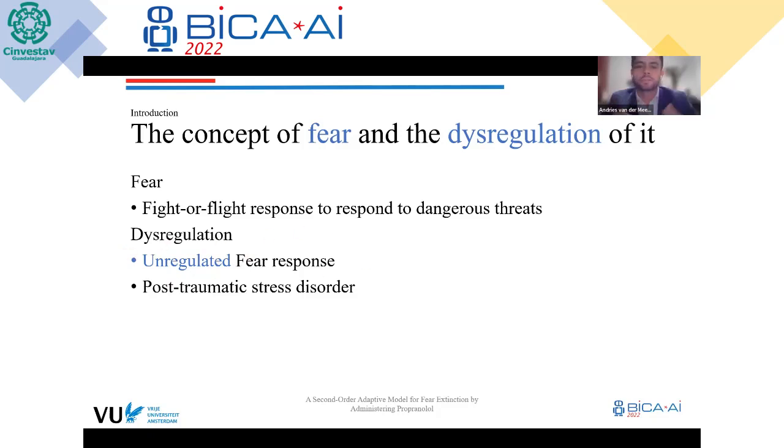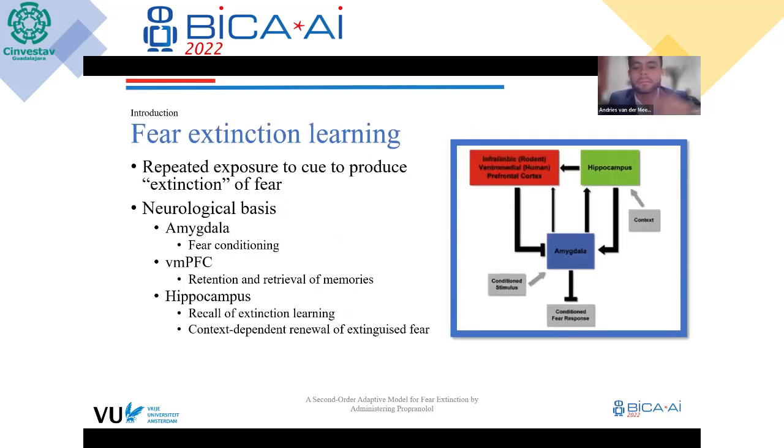It can be induced when there is no harmful threat, and that leads to social anxiety disorders. One commonly known disorder is post-traumatic stress disorder. And a common method used to eliminate fear is fear extinction learning. That involves the repeated exposure to a cue to produce the extinction of fear.